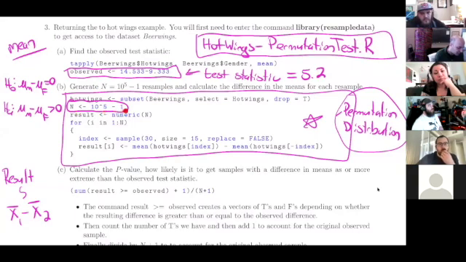And I'll say, hopefully it makes sense why we subtracted 1 at least, is because we want to add back our original sample in later.